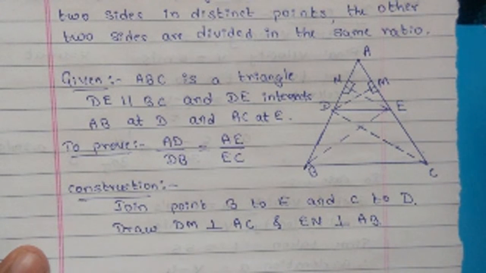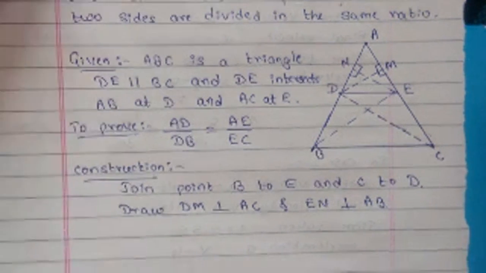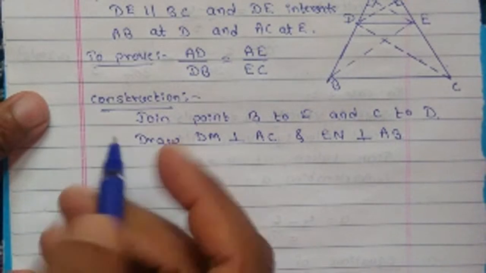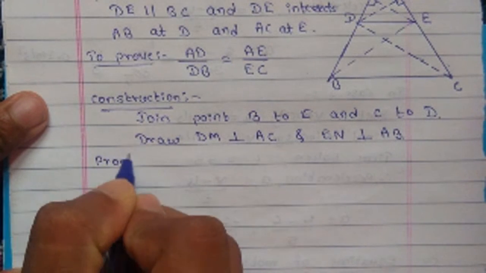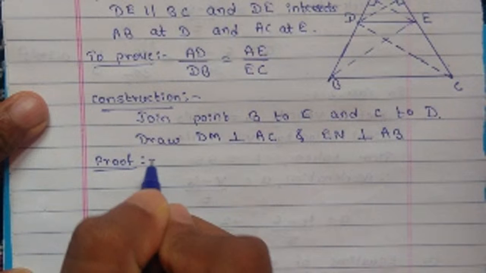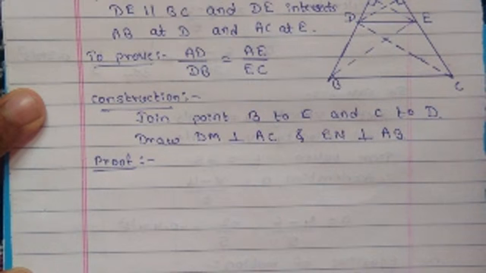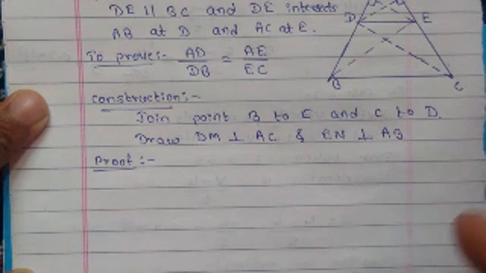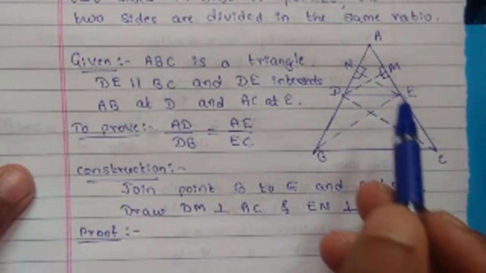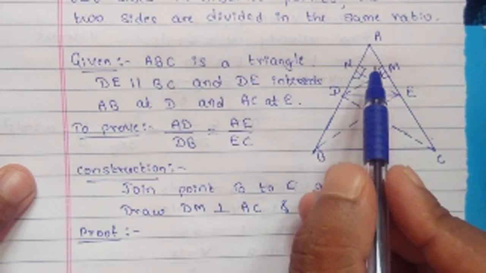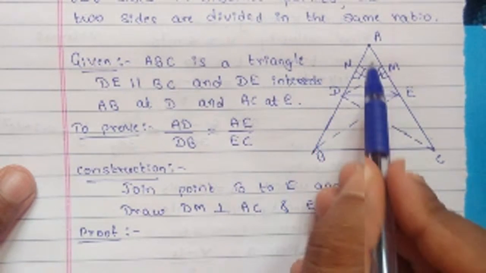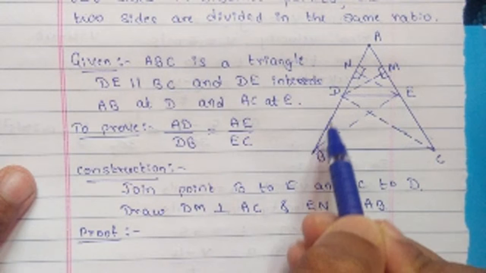Now next I will directly go to the proof. Okay, so proof. Now I will consider the triangles. First I will consider the left hand side triangles, that is triangle ADE and triangle BDE.